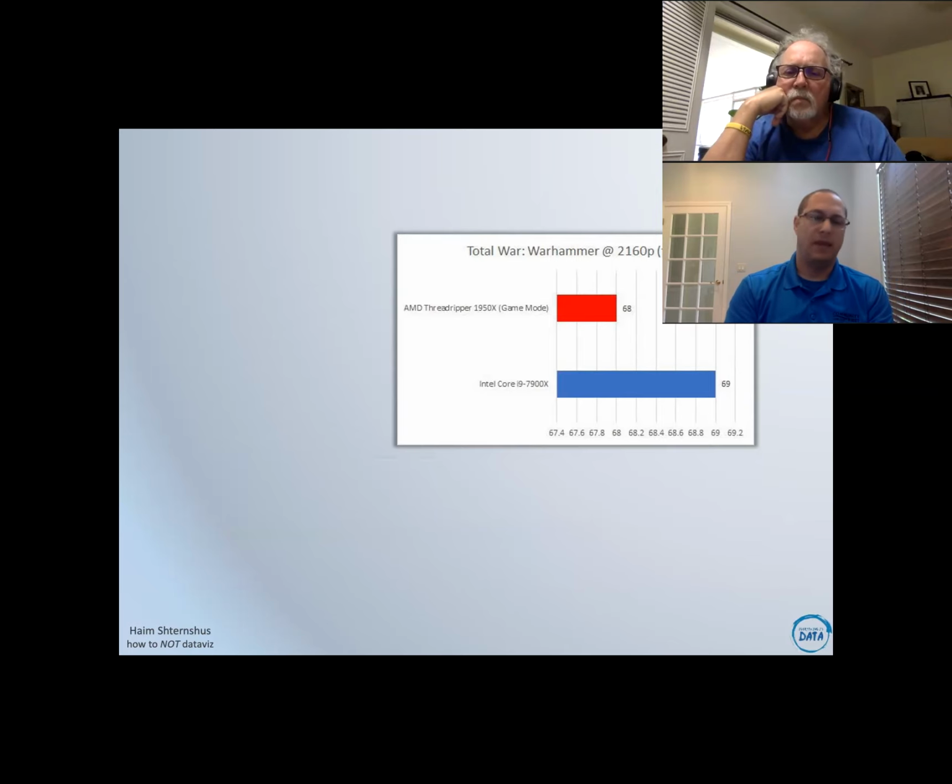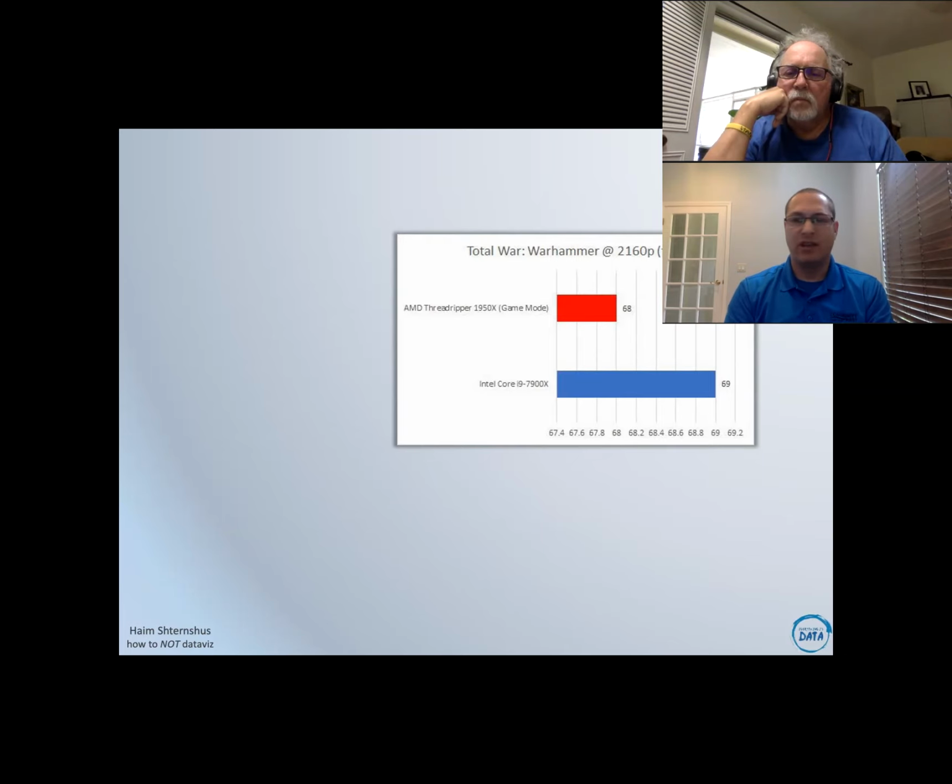And if I'm, again, not looking at the numbers right away, just looking at the color, I'd say, oh, wow, the blue processor is more than twice as fast as the red one, right? But when you actually look at the numbers, you see that the axis starts with 67.4 and goes to 69.2.